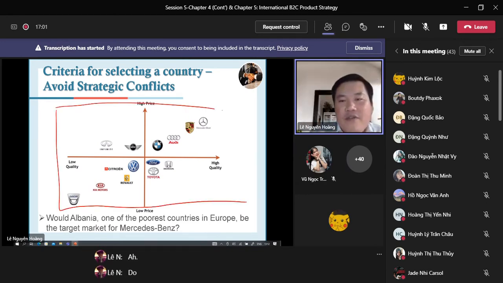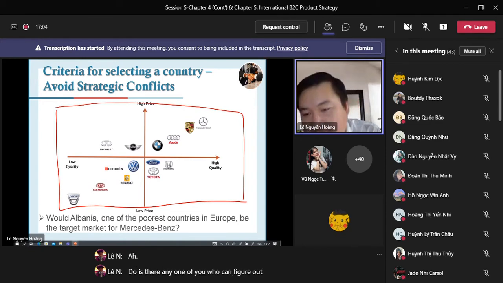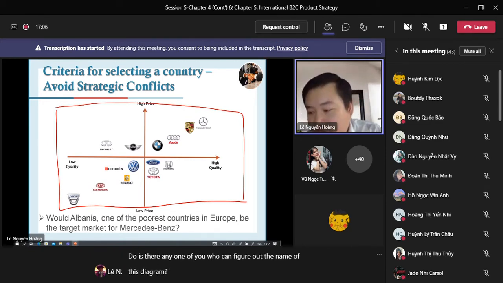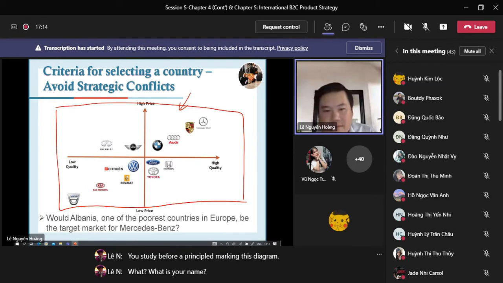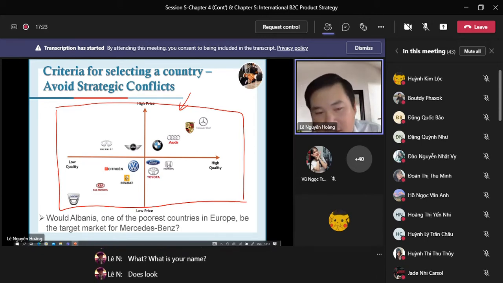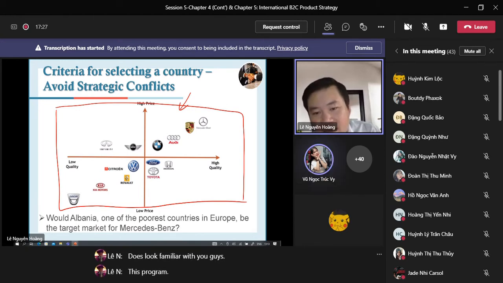Is there any one of you who can figure out the name of this diagram? You studied it before in principles of marketing. This diagram, what is its name? Does it look familiar, guys? Positioning map.